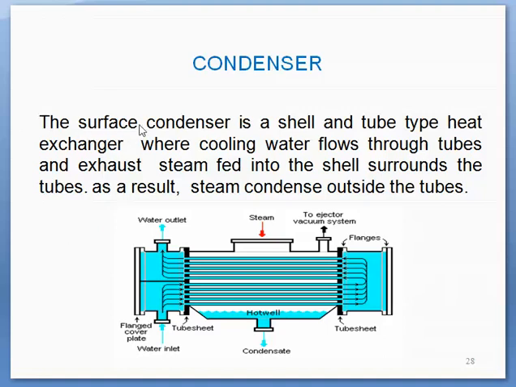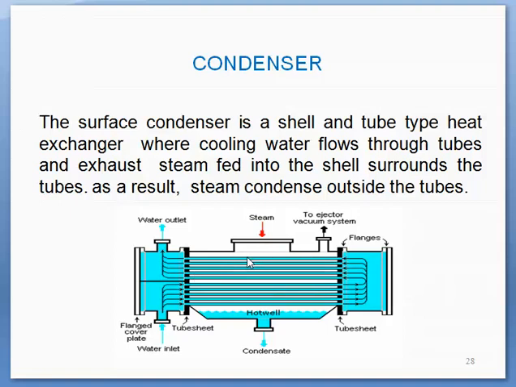Generally, we use a surface type condenser, which is a shell and tube type heat exchanger, where cooling water flows through tubes and exhaust steam fed into the shell surrounds the tubes. As a result, steam condenses outside the tubes. You can see here that steam is coming inside and cooling water is flowing through these tubes.